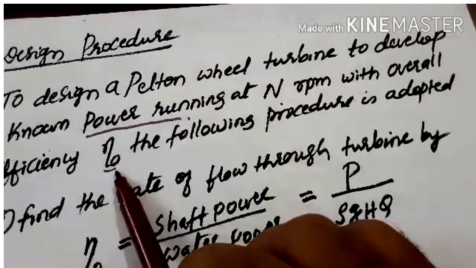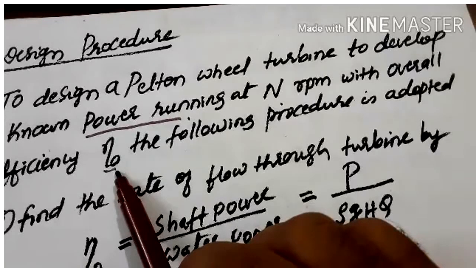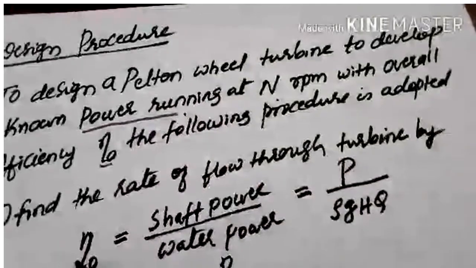Then you need to calculate what diameter of jet is required, how many jets are required to develop a particular power, what diameter of wheel is required, and how many optimum number of buckets are required to generate the given power.